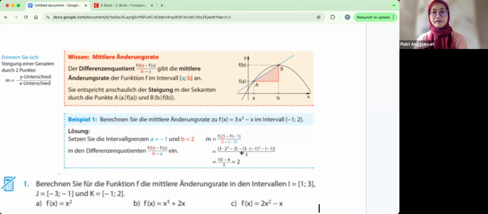After that, minus f(minus 1), we also change into the formula of f(x): 3 times minus 1 squared minus minus 1. Then we have the answer 10 minus 4 out of 3. So the answer is 2 as the average rate of change.